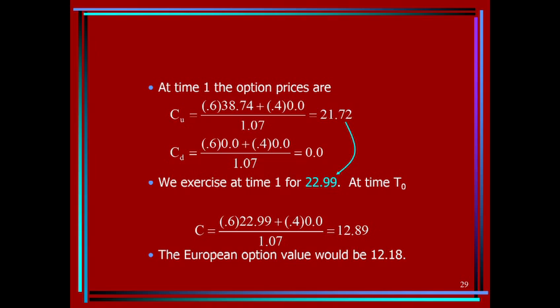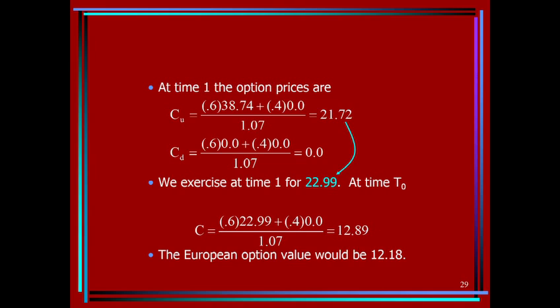Now, in the event that you still don't want to exercise, in order to calculate the value of your American call in T0, you will then have to use 22.99 and not 21.72 because this is the value that you're going to realize if you were to exercise. Okay, a significant distinction between American and European.